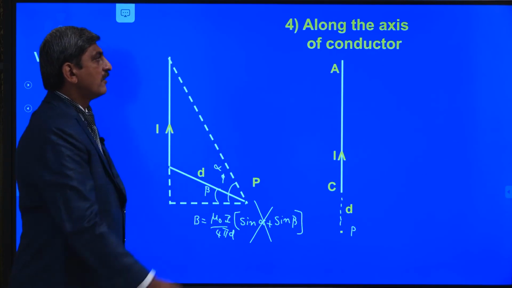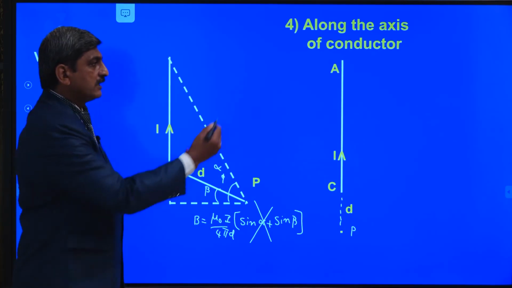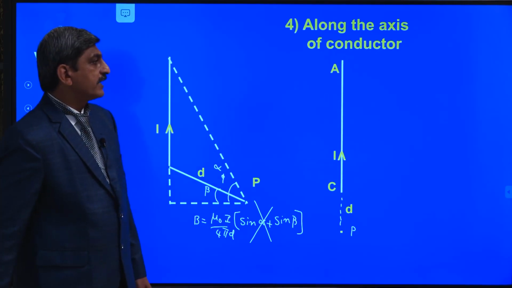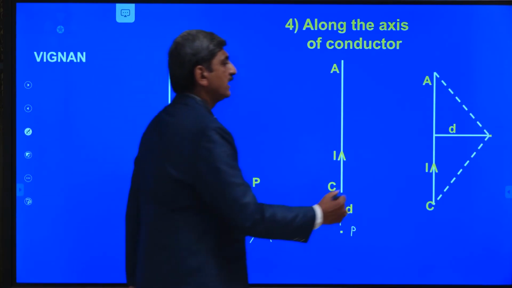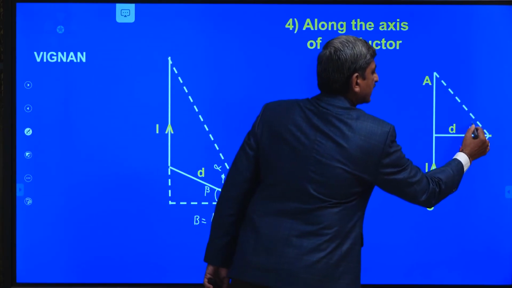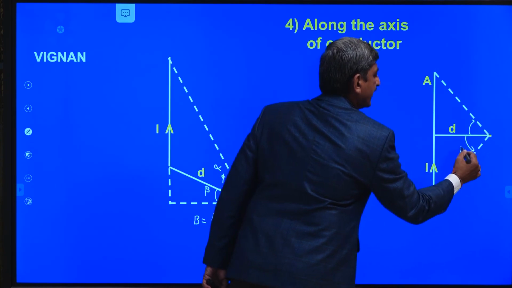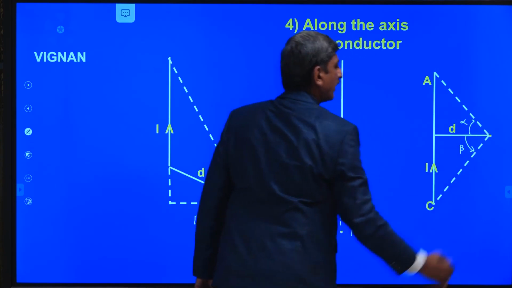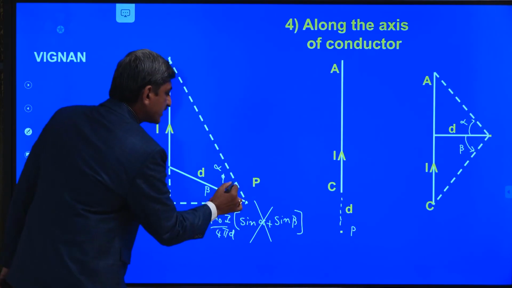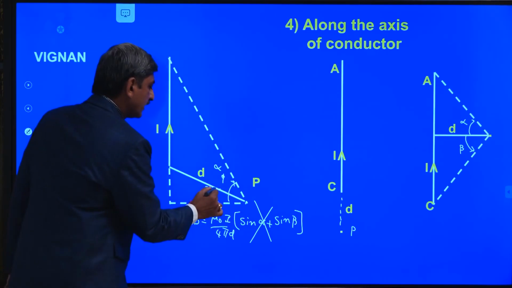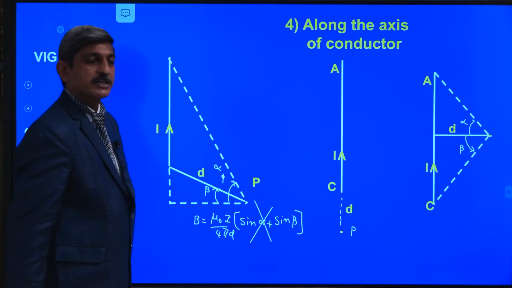Why? Because when we derived the magnetic induction produced by the finite conductor in the previous case, alpha was taken in the clockwise direction and beta was taken in the anti-clockwise direction. But here alpha is measured in the clockwise direction and beta is also measured in the clockwise direction.